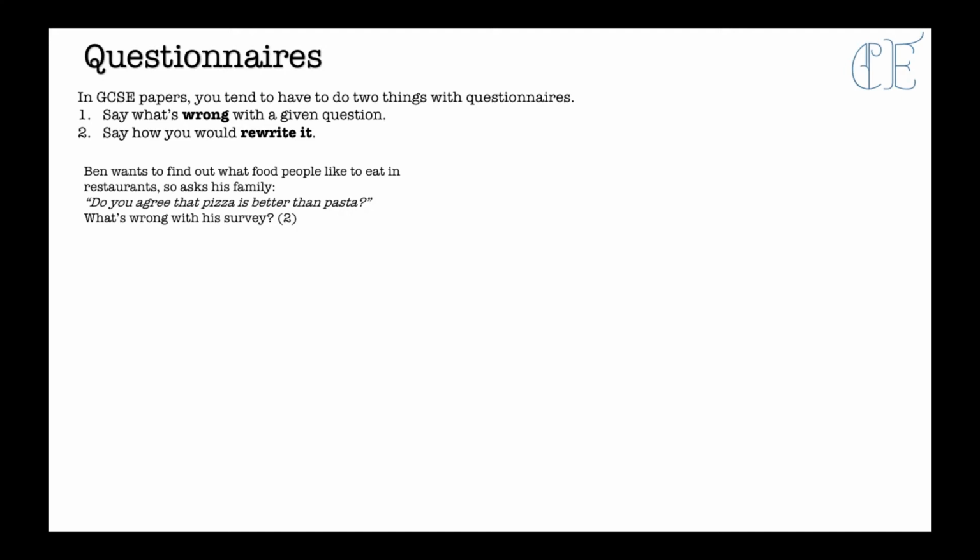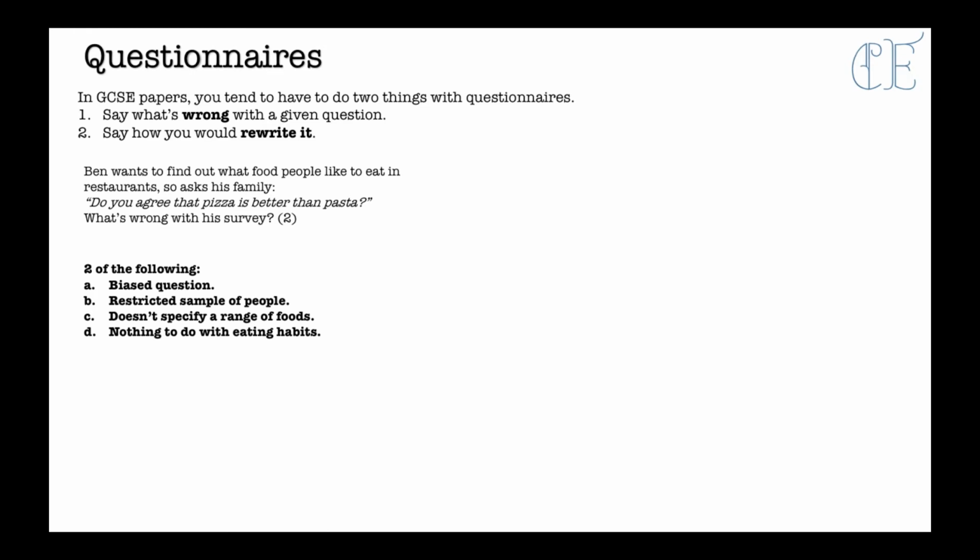Now, if you say, do you agree that pizza is better than pasta, you're not really giving them much choice. So it's a biased question because of the way he's worded it. Don't you agree? Or do you agree? He's trying to get you to agree anyway, by the way he's worded the question. Probably not intentionally. He's only asked his family, so very restricted sample of people.